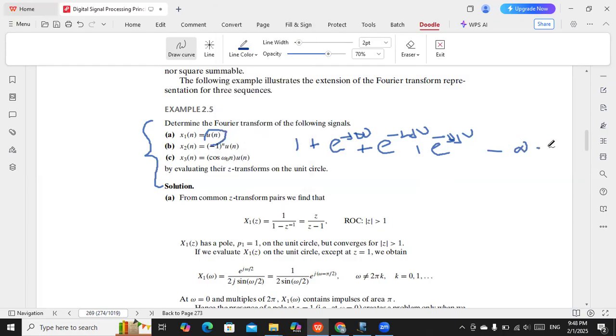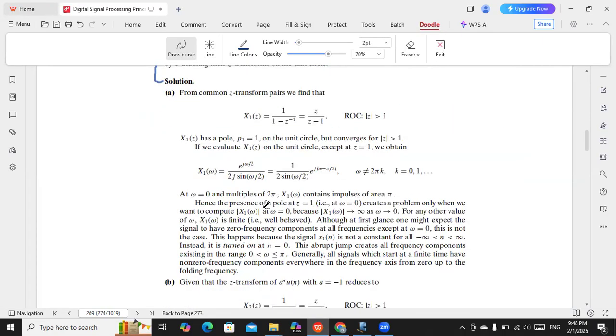This is again Euler formula, so you can compact this to that compact form. Maybe you can try to find it very easily.